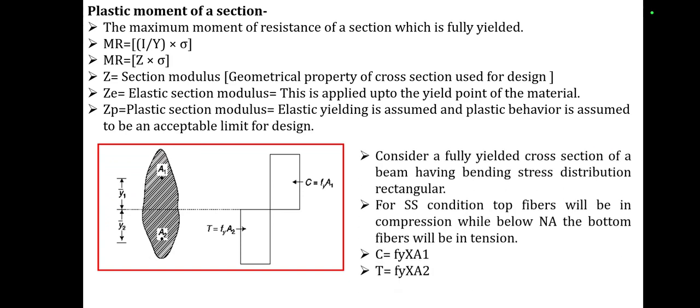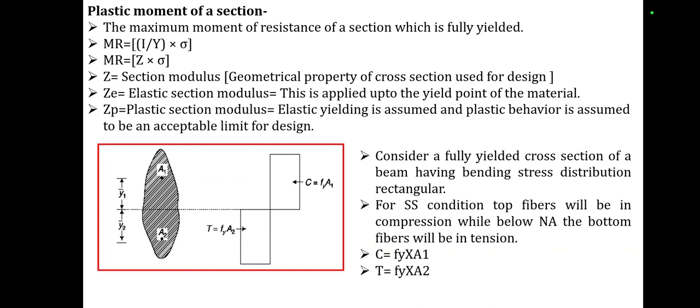Consider a yield cross section of a beam having rectangular bending stress distribution. For simply supported condition, the top fiber will be in compression while below the neutral axis, the bottom fiber will be in tension.